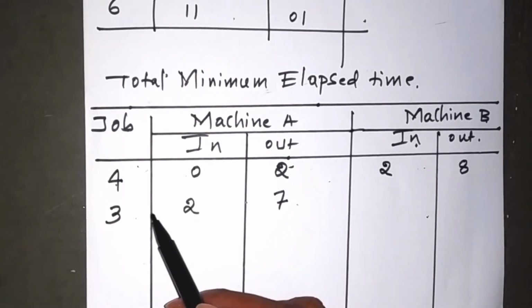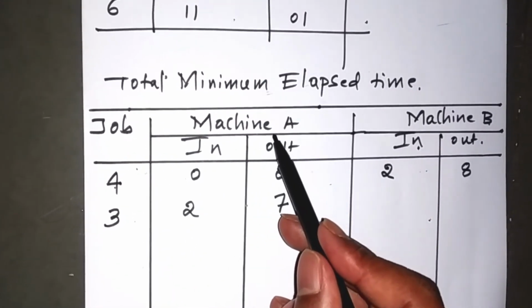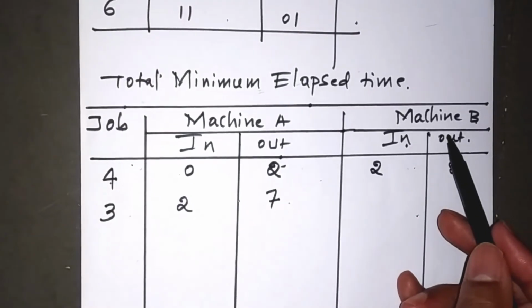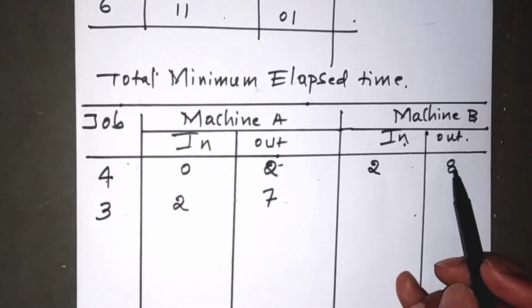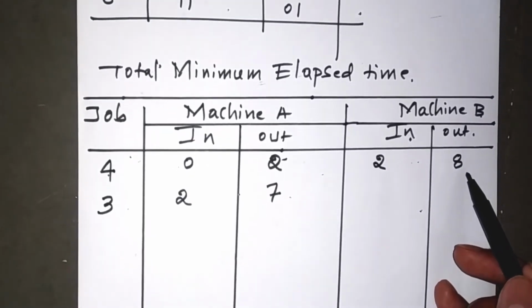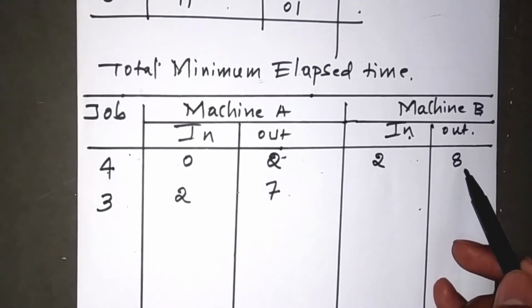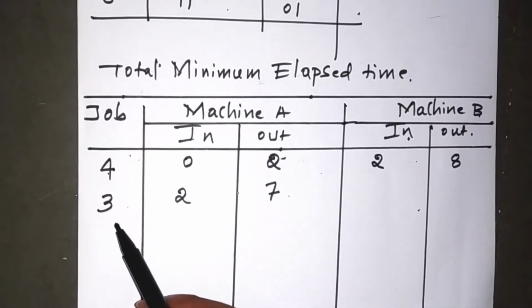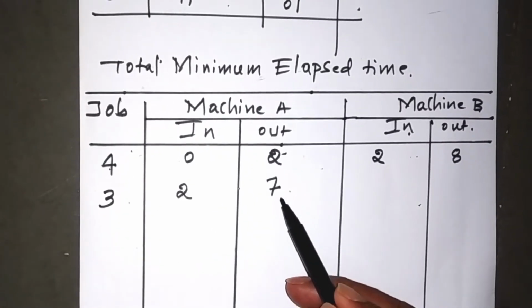Now after completing on machine A, it will enter machine B. Machine B completes its work at 8, that is the fourth job completes at 8 minutes, but now the third job is completed at the 7th minute only.